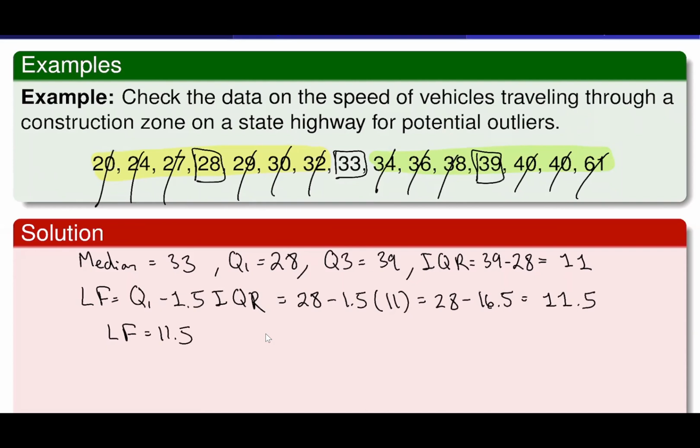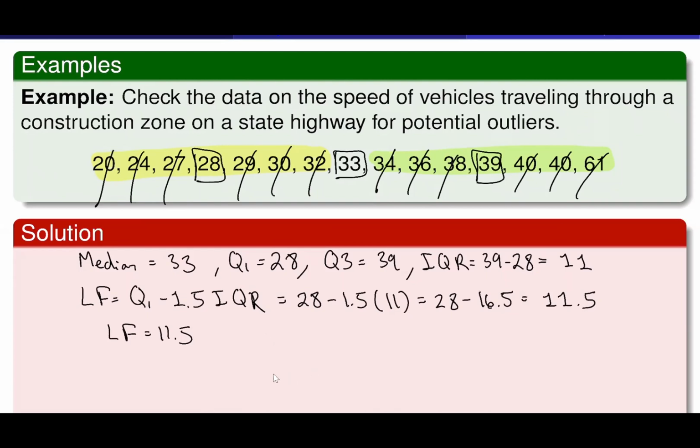It calculates the lowest my number should be. That's what the LF stands for. It's telling us this is the lowest value it could possibly be before we consider it to be an outlier. All right, so LF is equal to 11.5. Any question on lower fence equal to 11.5?